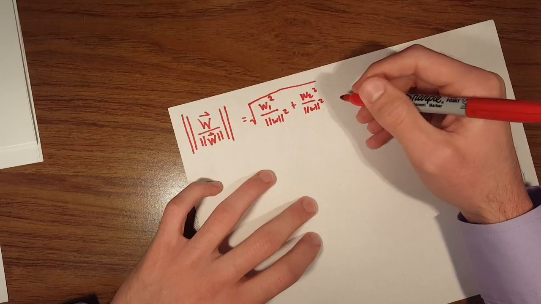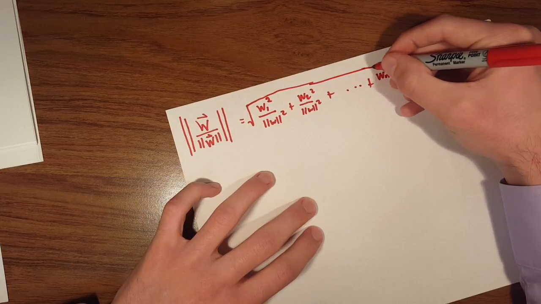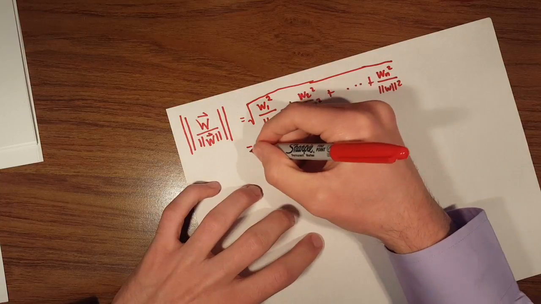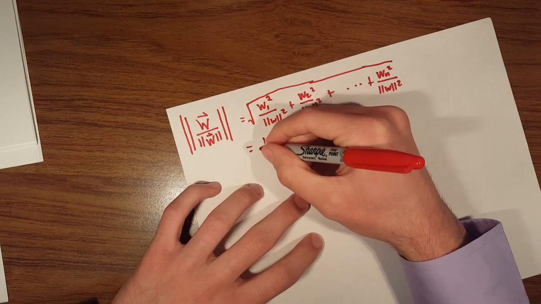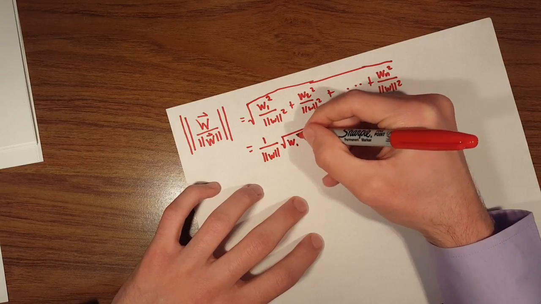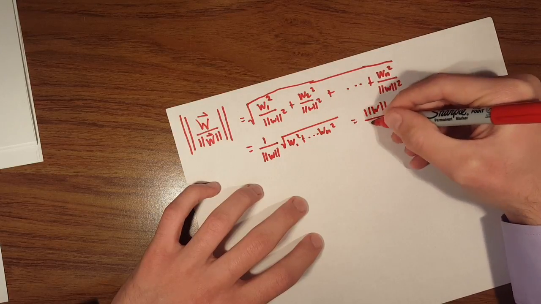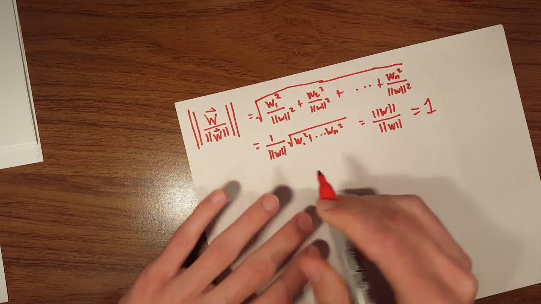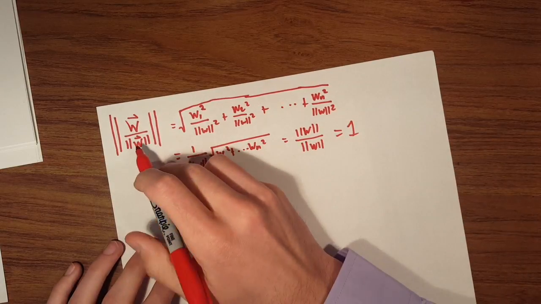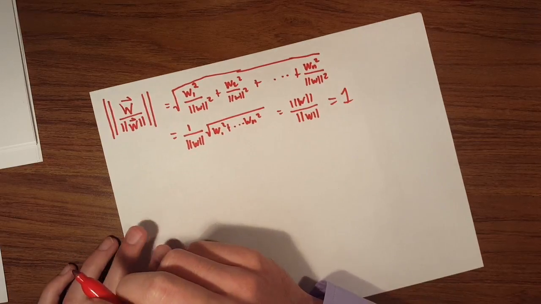These are all squared, my apologies. Plus all the way up to Wn squared over the length of W squared. And we can simplify this by pulling out the 1 over length of W squared, and under the square root it's going to give 1 over length of W times W1 squared plus all the way up to Wn squared. But this is just the length of W over the length of W, which is 1. So W over the magnitude of W is a unit vector. This process of taking a vector and dividing it by its norm is called normalizing it, appropriately enough.